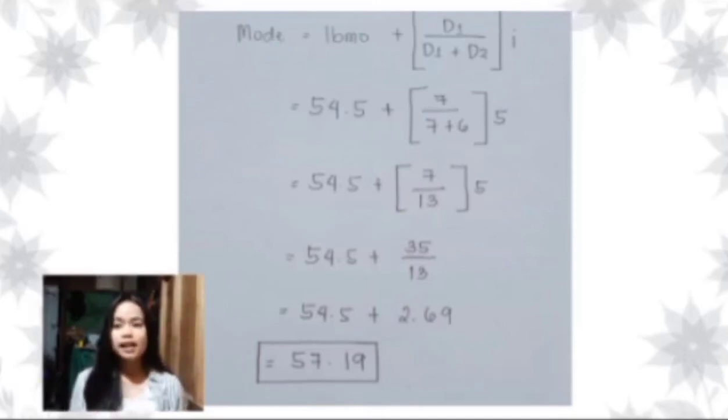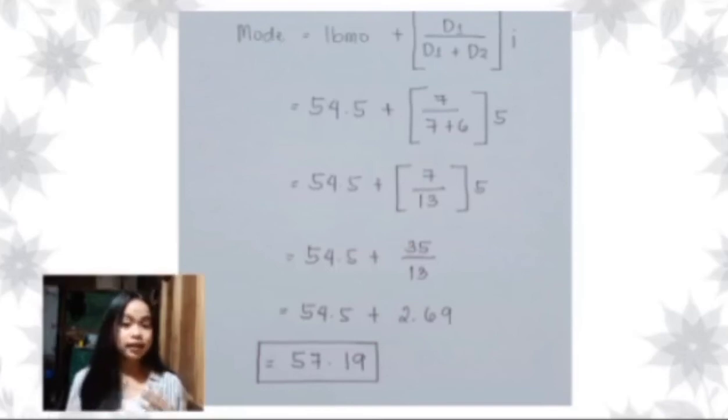And next, let's find the values of D1 and D2. D1 is the difference between the frequency of the modal class and the next upper class. D2 is the difference between the frequency of the modal class and the next lower class. So the hint there is the words upper and lower class.